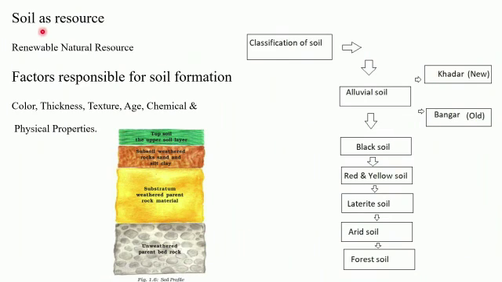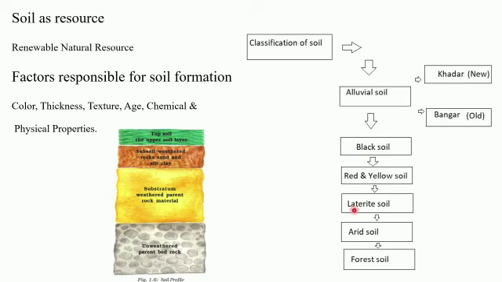Soil resource is the second main topic. Soil is a renewable, natural resource. Soil formation factors are given below and a soil profile picture is given below. Classification of soil is shown as a flowchart: alluvial soil, which is further classified as Bhangar and Khadar.